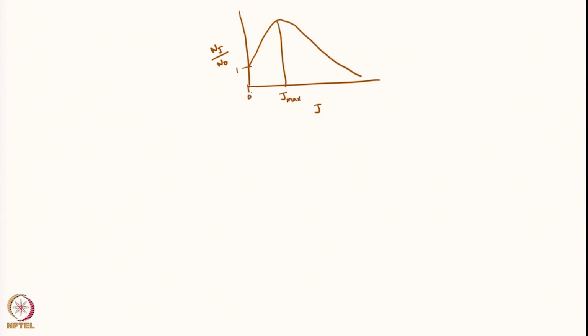So this will be 0, 1, 2, in this case 3 could be J max, 4, 5, 6. 3 happens to be J max, but this J max will depend on two things: one, temperature, and two, the rotational constant or value of B_e.